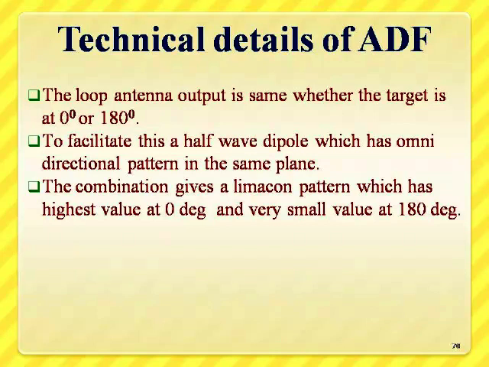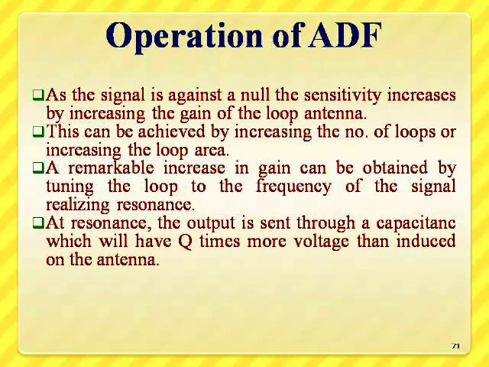By this we can distinguish: if you receive a high output from the receiver, then the airport is along 0 degrees. Otherwise, if it is a null, then the airport is located along the 180 degree location of the aircraft. But here there is a catch. As the signal is against a null, the sensitivity increases by increasing the gain of the loop antenna.